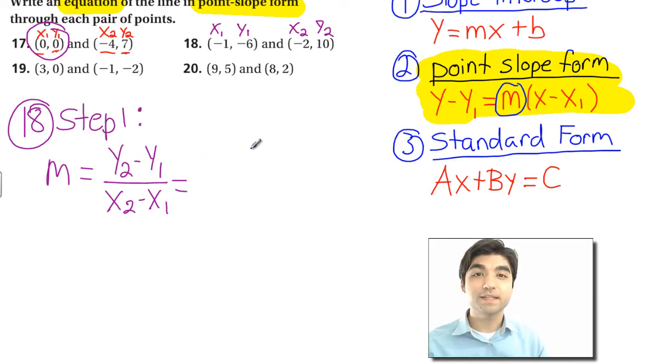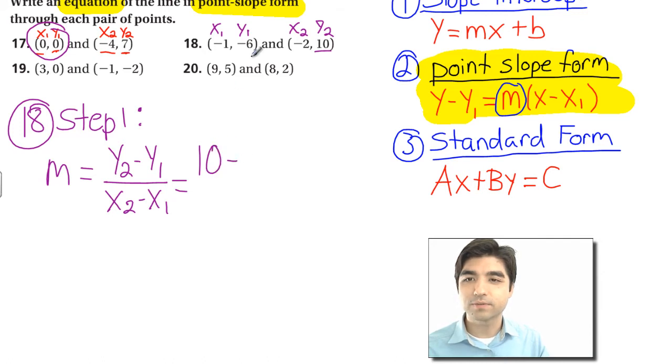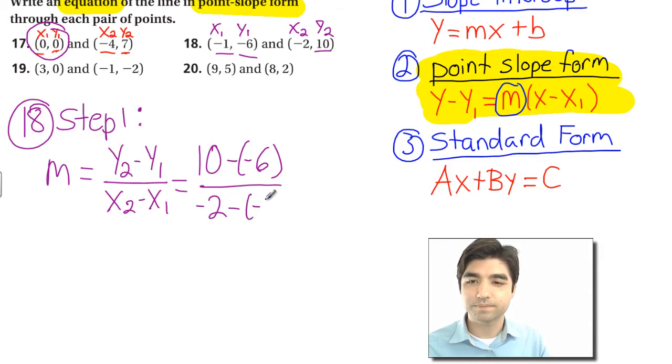Okay, and then you put these points into your equation for slope and you solve. So our y2 is 10 minus y1 is -6, and that's all over x2, which is -2, and minus x1, which is -1.